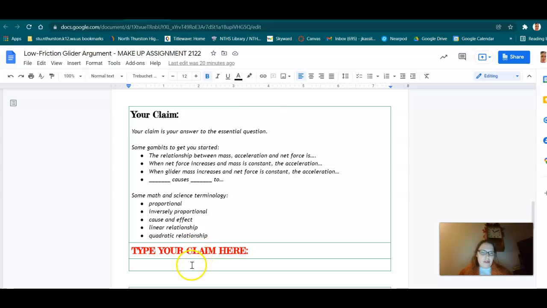Your claim is a thorough explanation addressing the question. It's clear, it's explicit, it uses the terminology in the question, and it makes sense. This is the bold answer to the question. It might be more than 1 sentence. Should it be a whole paragraph? Probably not, but several sentences might be necessary.